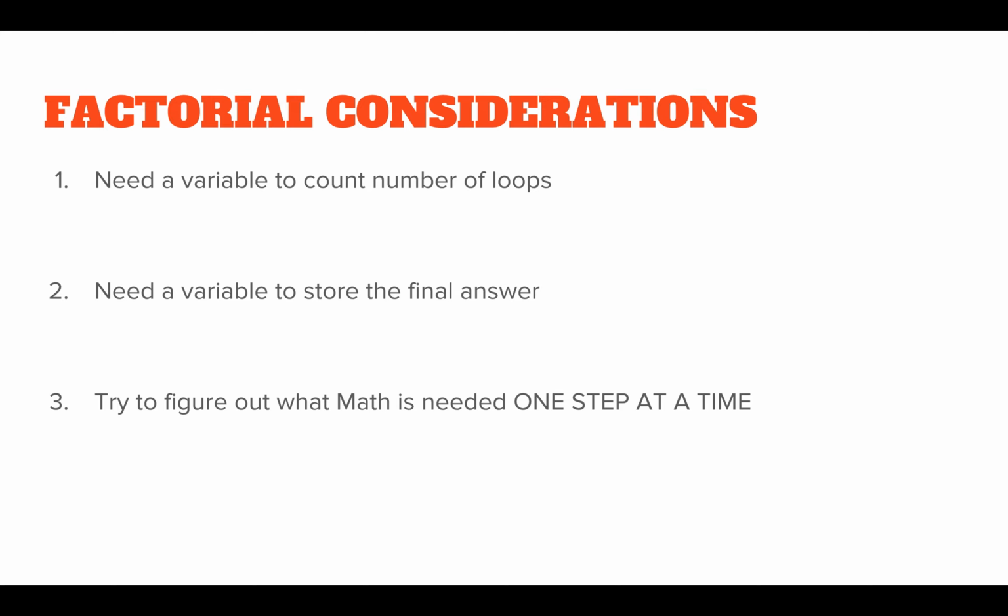So in this answer, the answer is that we need to multiply it one at a time, right? We need to multiply 5, and then we need to multiply the answer 5 times 4 and get 20, and then times 3 to get 60, and then times 2 to get 120, and then times 1 to get 120 still, right? So that final 1 doesn't really matter.